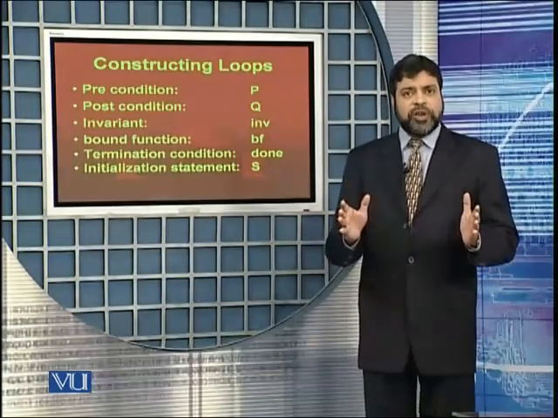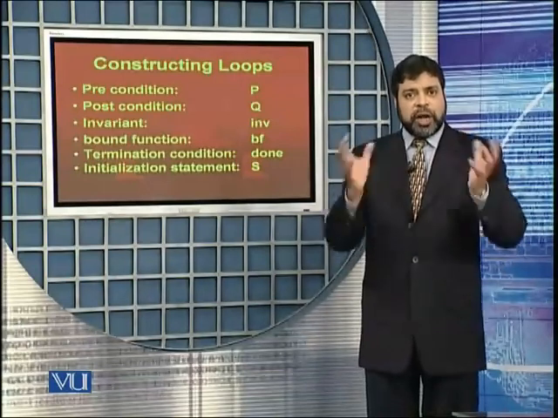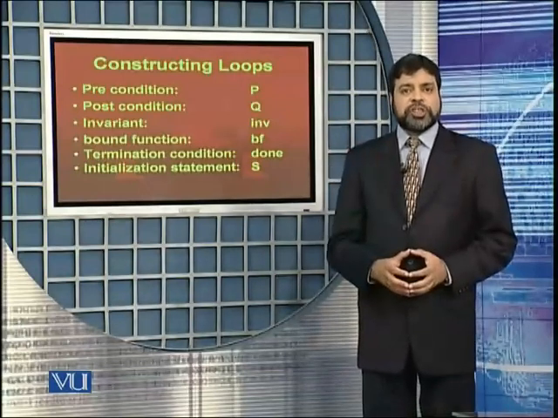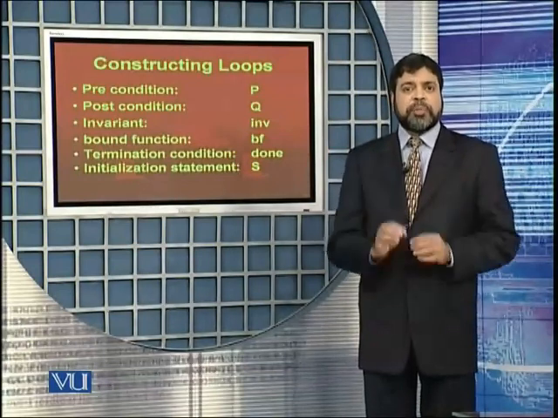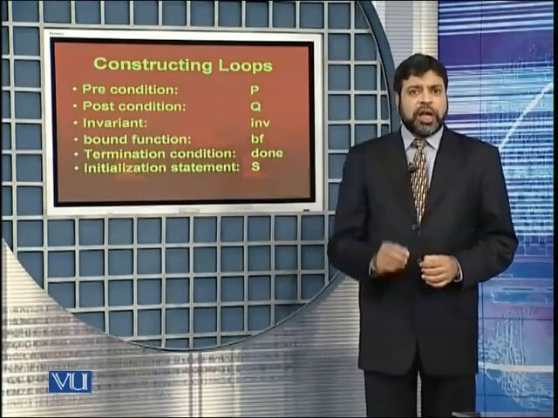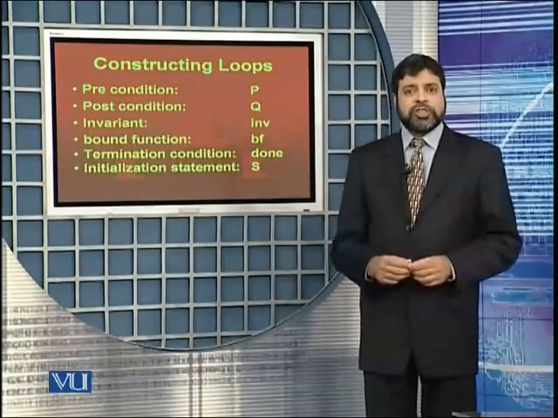So the bound function gives you an upper limit on the number of iterations that you will have in a particular loop. So ये bound function के लिए आपको थोड़ा सोचना पड़ेगा कि हमारा bound function क्या है.